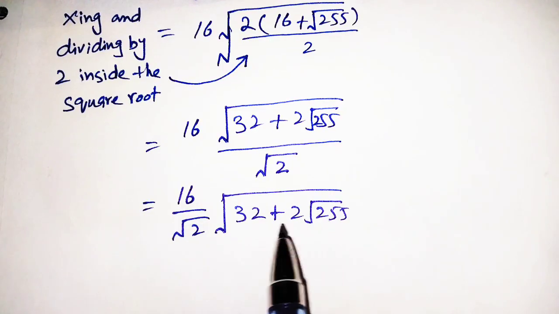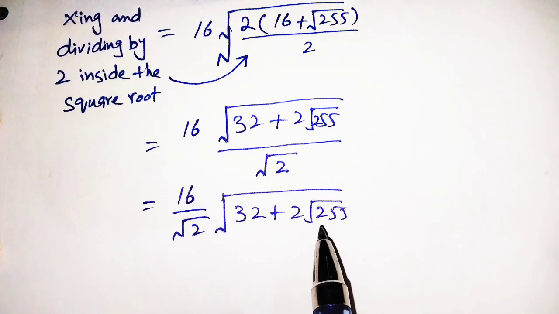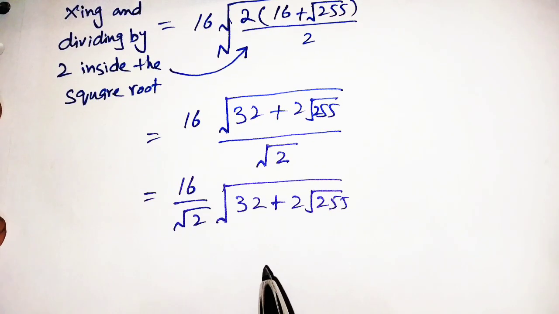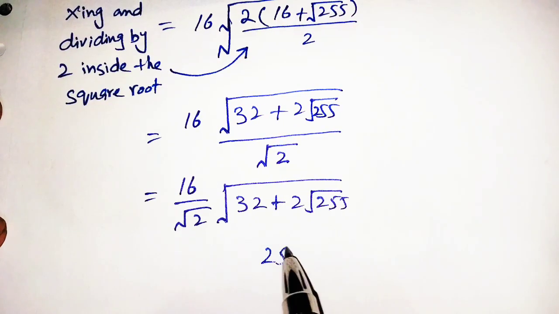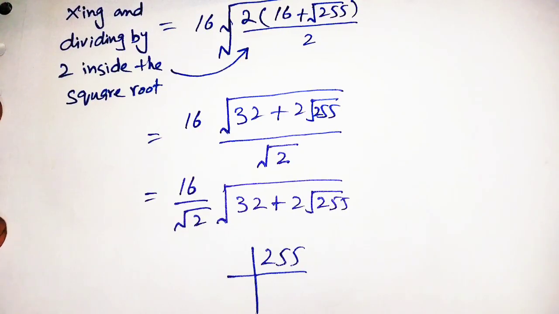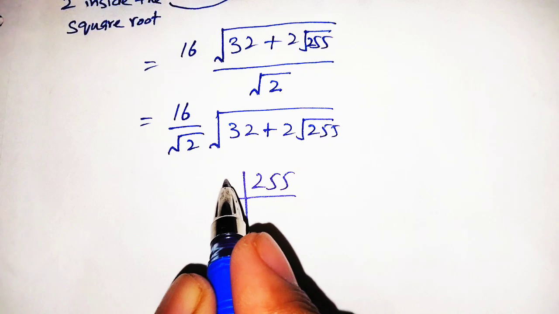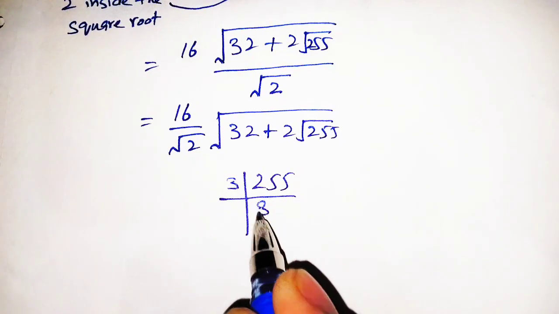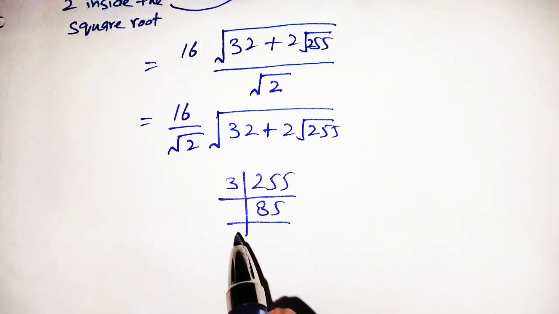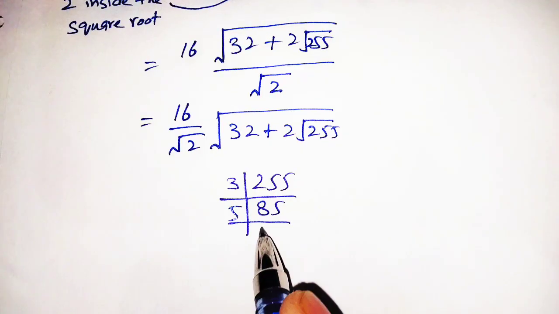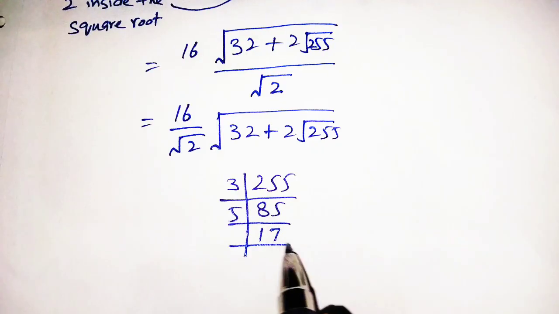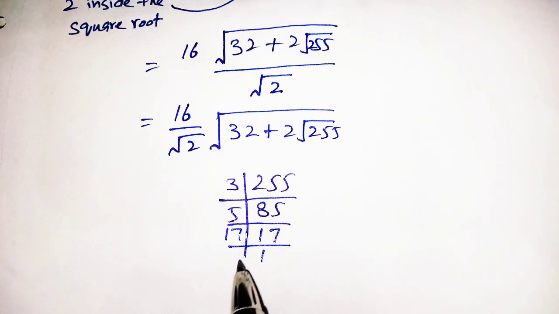Now to further solve this, we will factorize this 255. 255 can be factorized as, we will divide it by 3. 3 eights are 24, 3 fives are 15, and again we will divide it by 5. 5 ones are 5 and 5 sevens are 35 and 17 ones are 17.